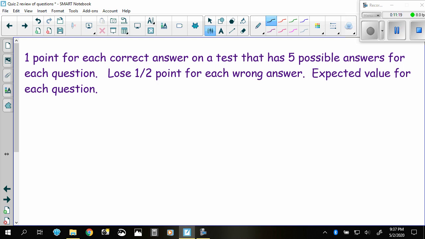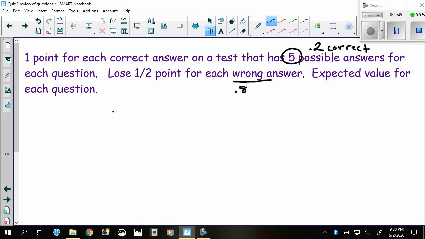Okay, 1 point for each correct answer on a test that has 5 possible answers for each question, and lose a half a point for each wrong answer. So the 5 possible answers here means that you have a 0.2 probability of getting a correct answer. That's 20%. So for the wrong answer, sorry, not 0.8%, but 80% or a 0.8 probability.